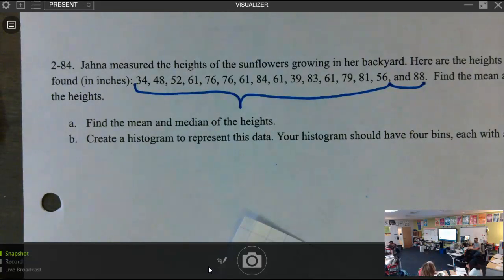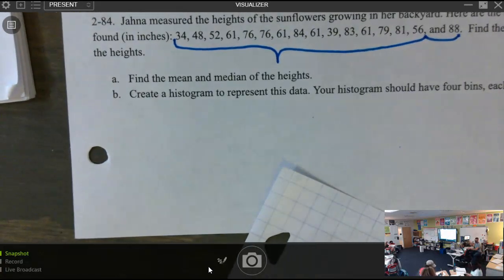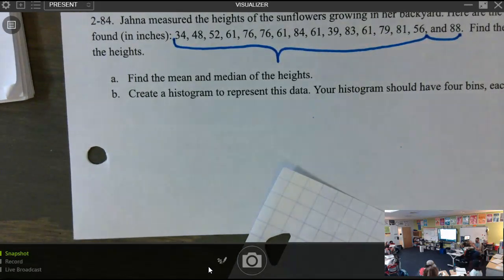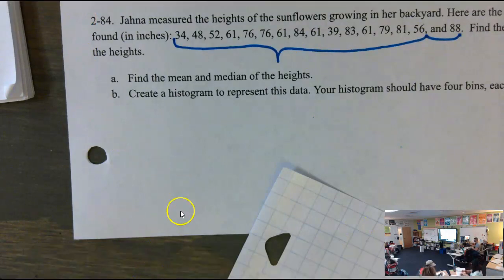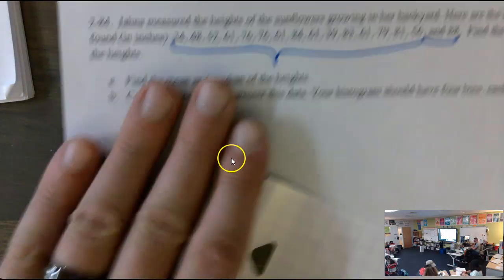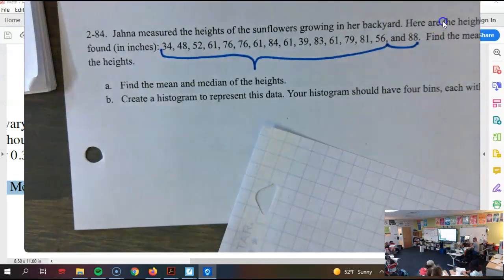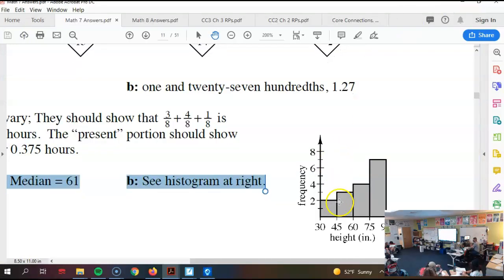Think about it like this. If you run a store and you're trying to decide what sort of magazines or candy bars to sell, we collect data and figure out where the highest frequency is. So you take your data and you split it up.